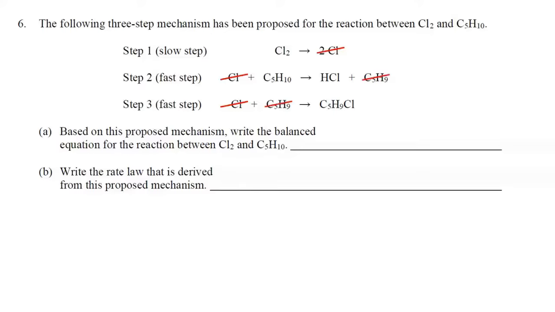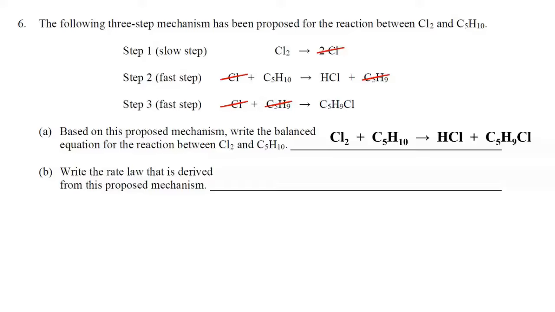I can't cross off anything else, so what remains are my reactants and my products. And so when I add these three reactions together, I get Cl2 plus C5H10, and it produces HCl plus C5H9Cl.